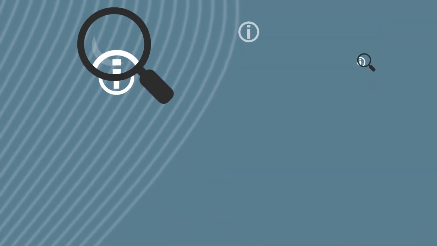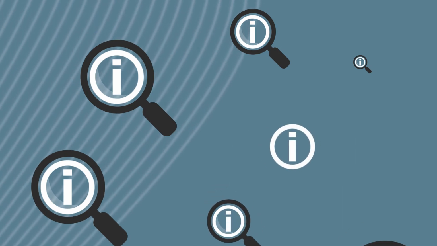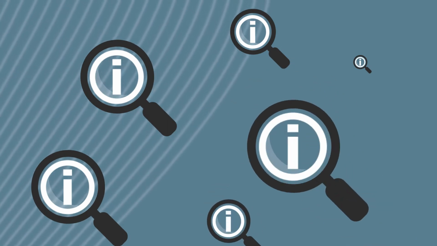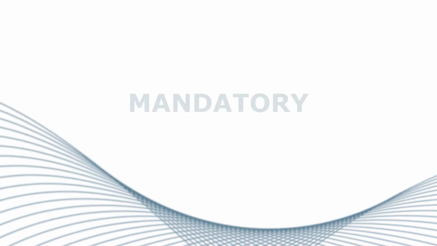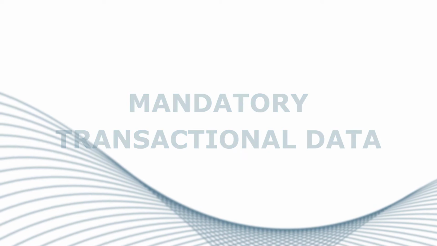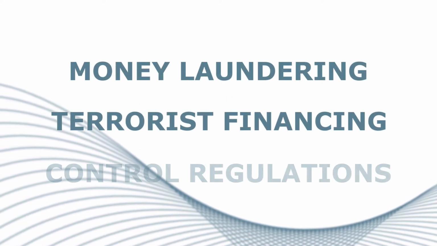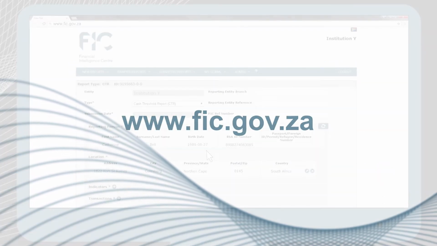The information obtained from CTR and CTRA may be used in the fight against crime. For more information on the mandatory information, including transactional data required when submitting a report, review the Money Laundering and Terrorist Financing Control Regulations available on the FIC website.